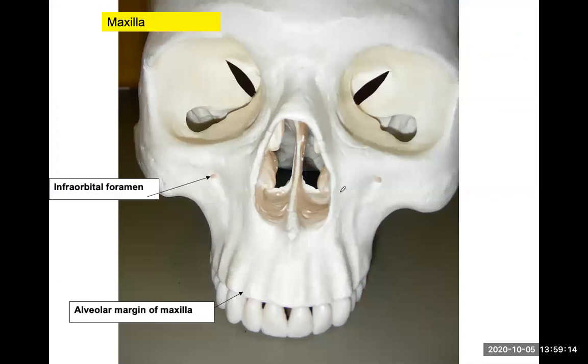This is a different view on the facial bone, your maxilla more specifically. I mentioned this earlier. We said that there was a hole right below the orbital cavity, so right here and right here. Infra-orbital as in below the orbital cavity, and foramen as in hole. So these little holes are called infra-orbital foramen, and we said that there is one right up on top, one right here and one right here, called the supraorbital foramen.